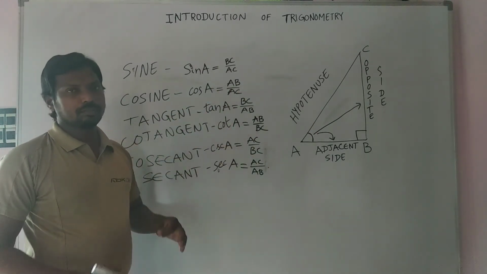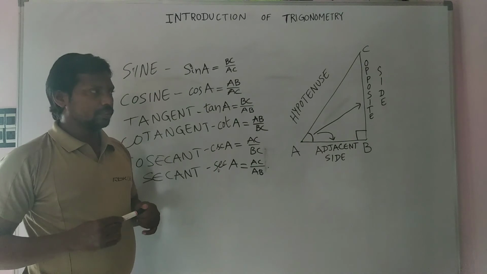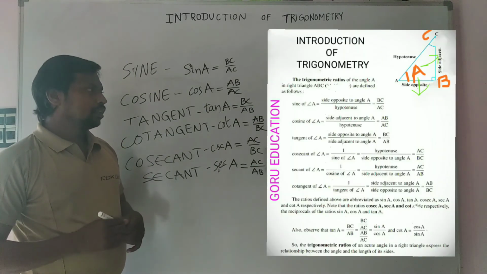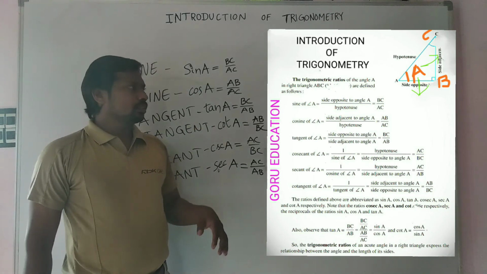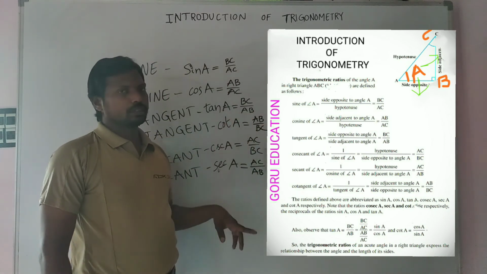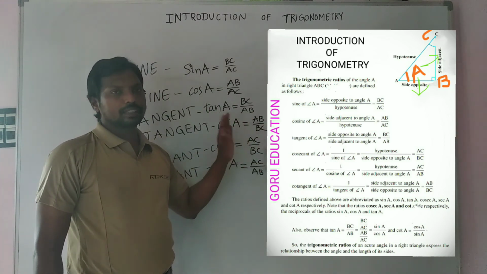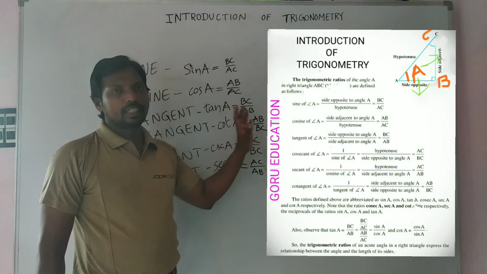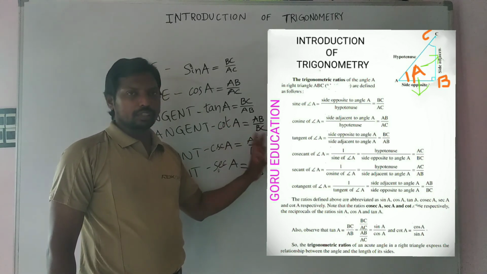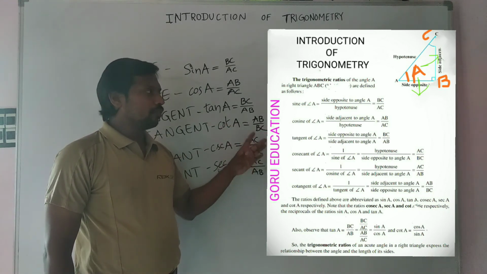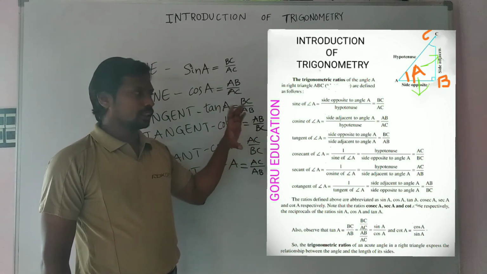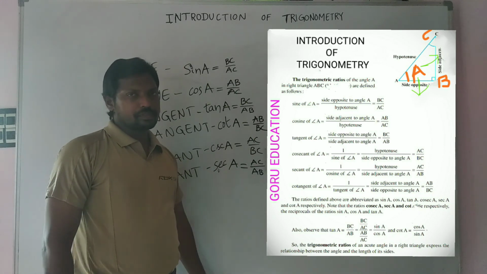Now check these formulas. Here are the sin A formula and sin B formula, and sin A, cos A, tan A, cot A, cosecant A, secant A formulas are given with explanations. Read this table once and observe it.